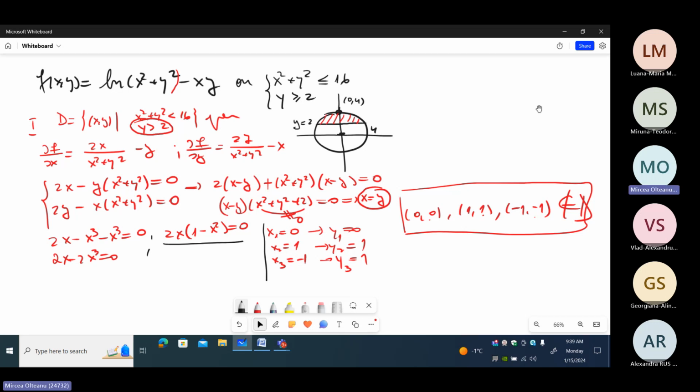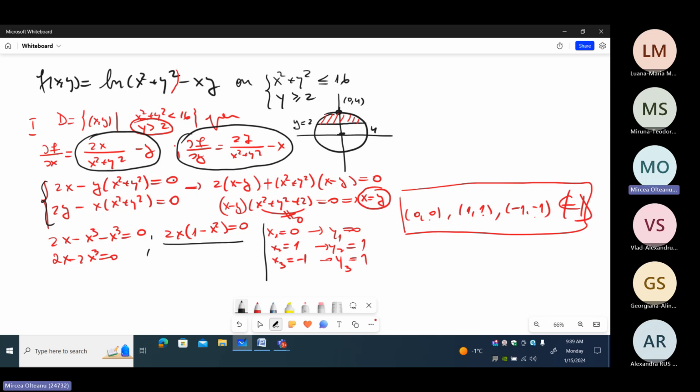Now, the partial derivatives. Did you get the same values? It's okay. Then, the system which gives us the critical points.